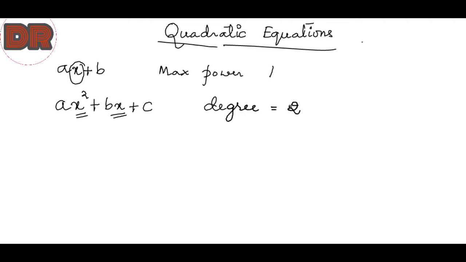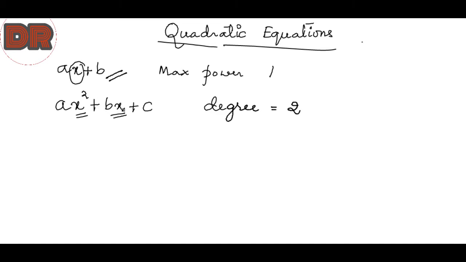What is degree? Degree is the maximum power of the variable. So in the first polynomial, the degree is 1, and in the second polynomial, the degree is 2.